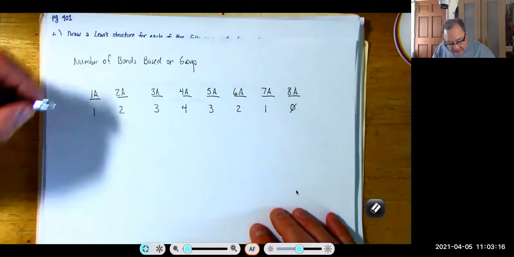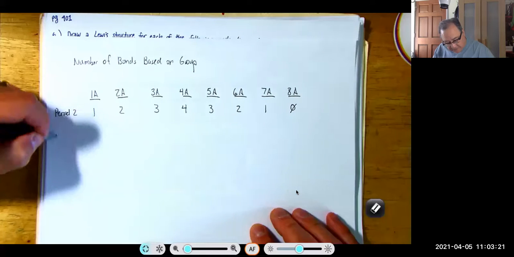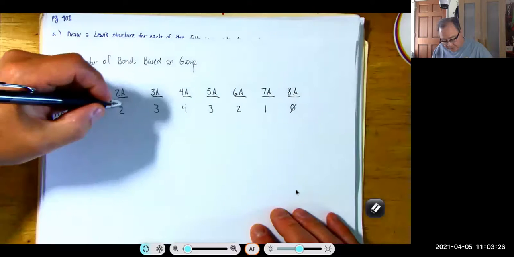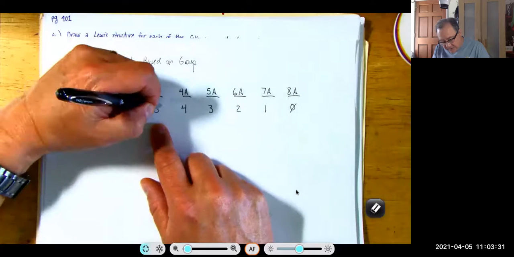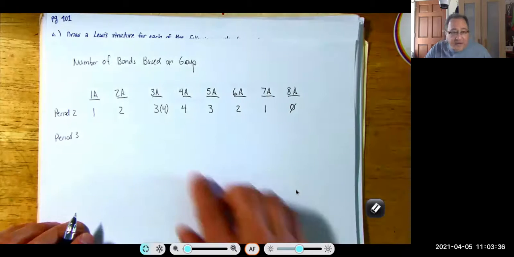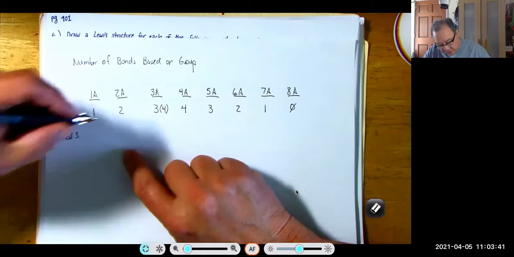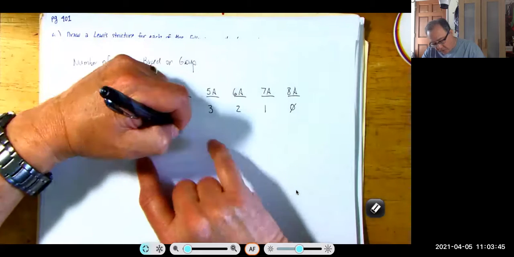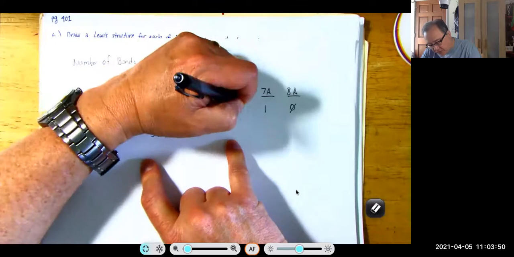Now, if we look at the period, so this is period 2, but if we look at period 3, things are a little different. So I will change some things in here. This can also be 4. So it usually makes 3, but it can make 4. 5A can make 4, 6A can make 1 or 3.